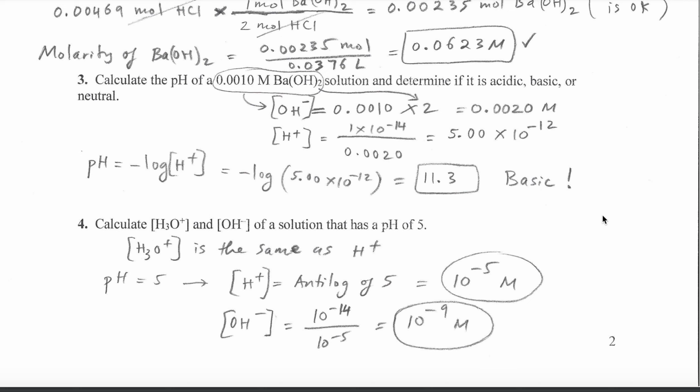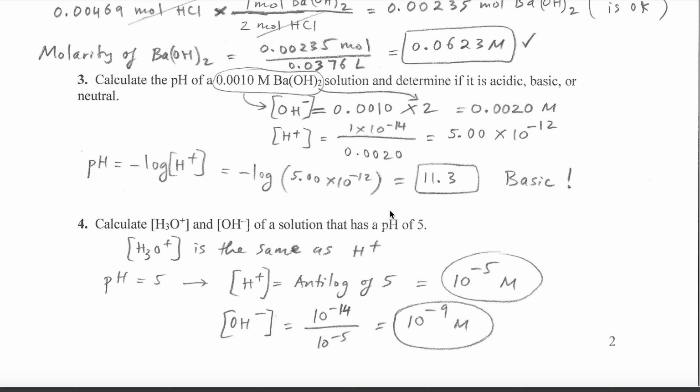How about the reverse calculations? If we have pH, can we go back and figure out the H plus and OH minus concentrations? The answer is yes, we can do that. H plus is the same as H3O plus. And it's going to be anti-log.